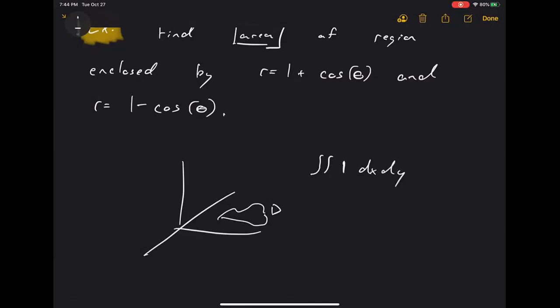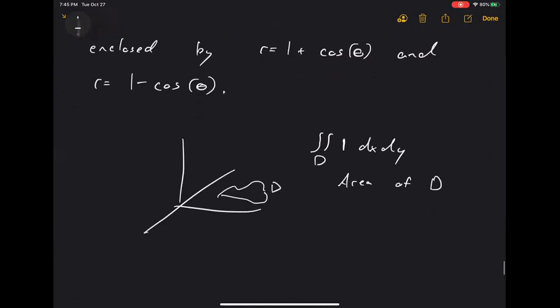Let's talk about Cartesian coordinates for a second. Let's say I integrate the number 1 over that region. What do I get? It's going to give me a number, just like any other integral, but that number is actually going to be the area, not the volume. It's going to be the area of D.